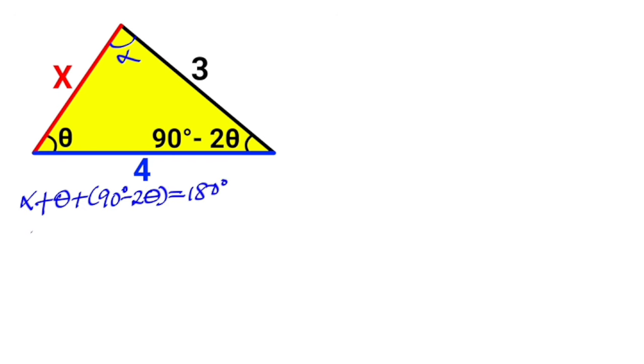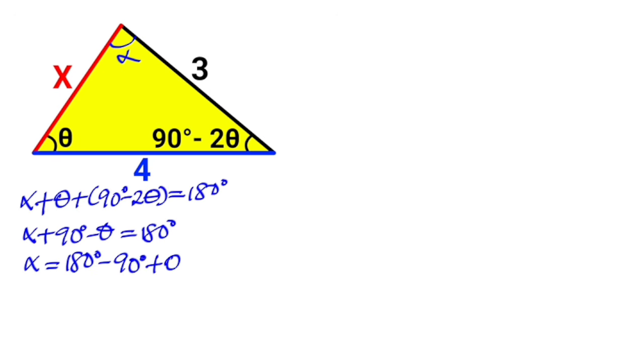Simplifying this will give us alpha plus 90 degrees minus theta is equal to 180 degrees. To solve for alpha, alpha is equal to 180 degrees minus 90 degrees plus theta, which is equal to 90 degrees plus theta.